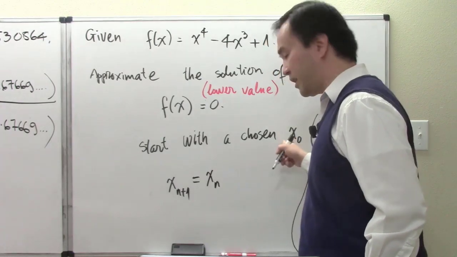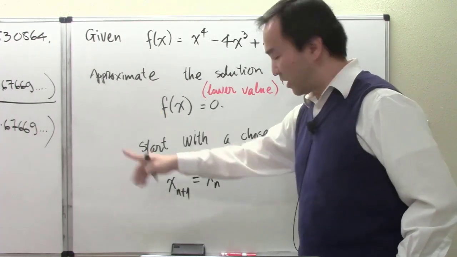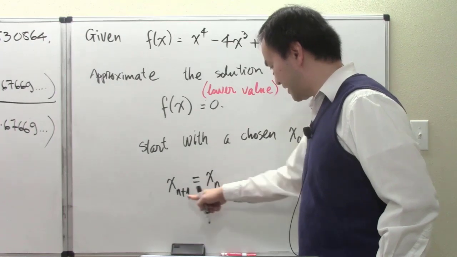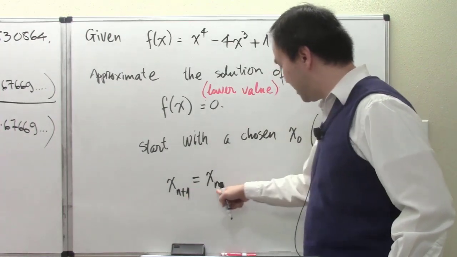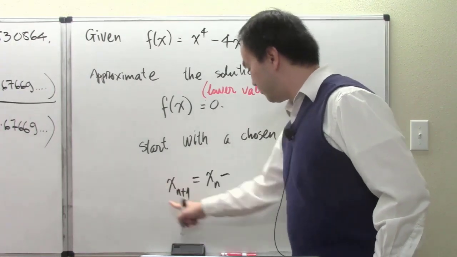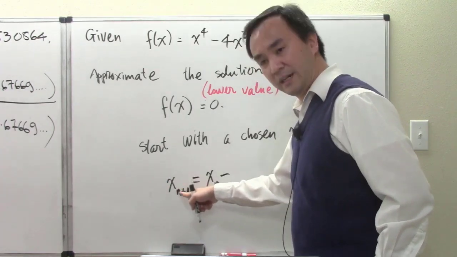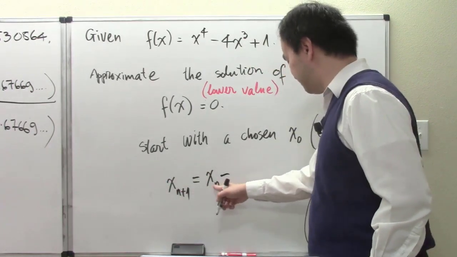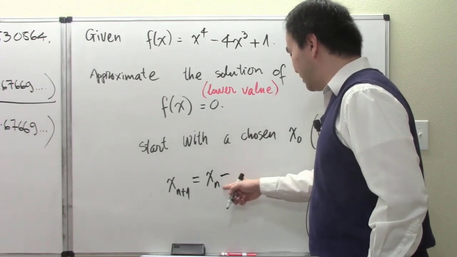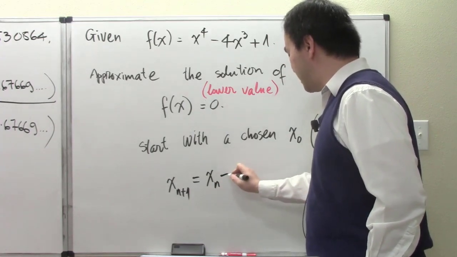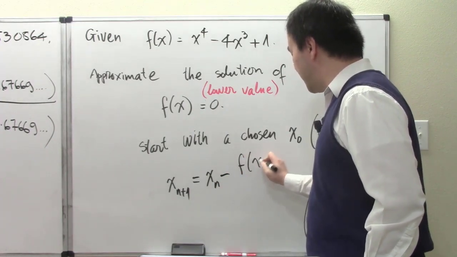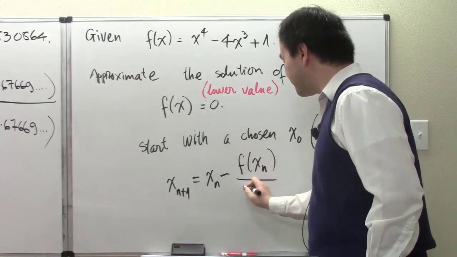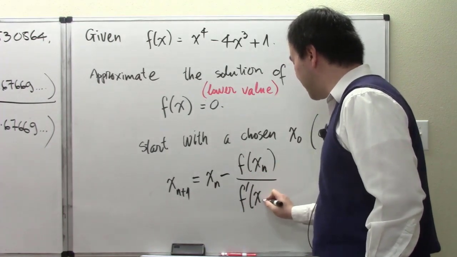So if you got an x sub 0, then x1 can be calculated by this formula. That's what I meant. So x sub 0 means n equals 0. But generally speaking, the x of n plus 1 step is always going to be x of n, the nth step right here, minus the ratio of f of x of n over f prime at x of n.